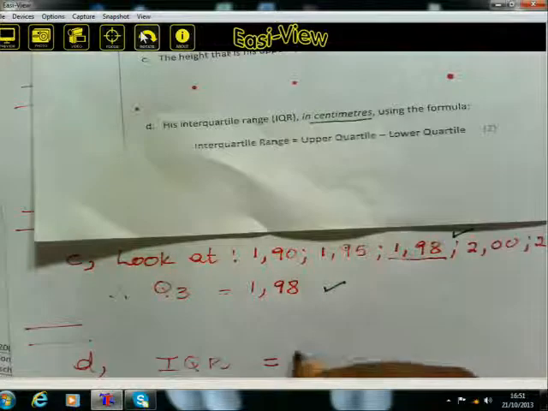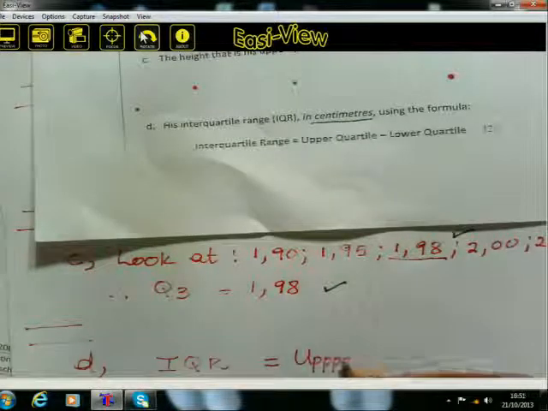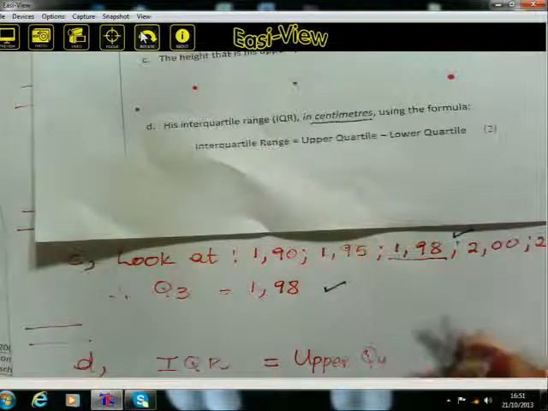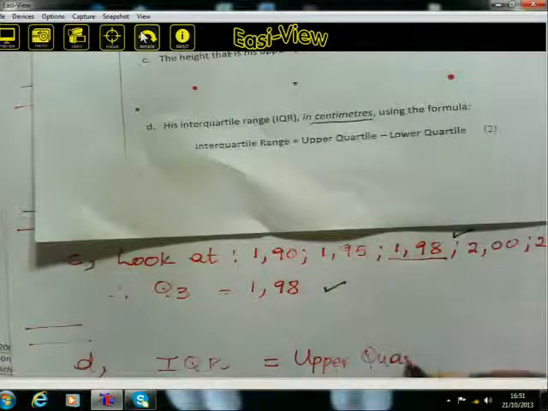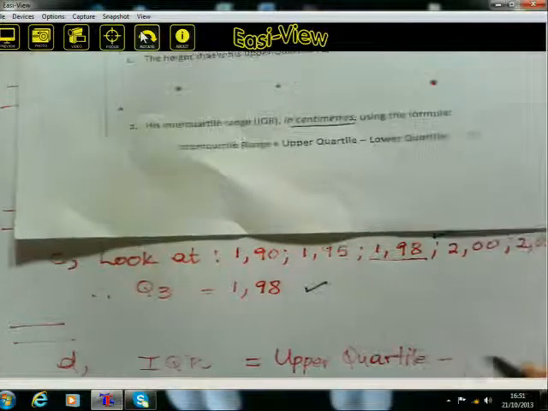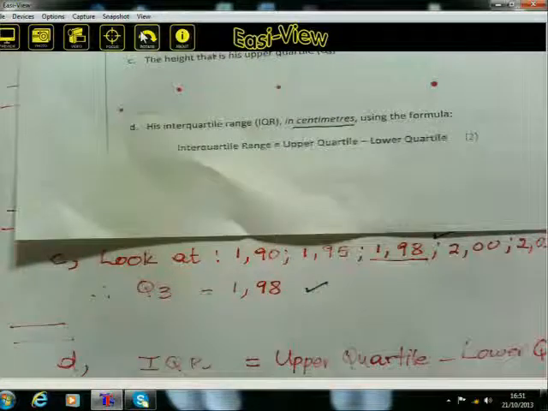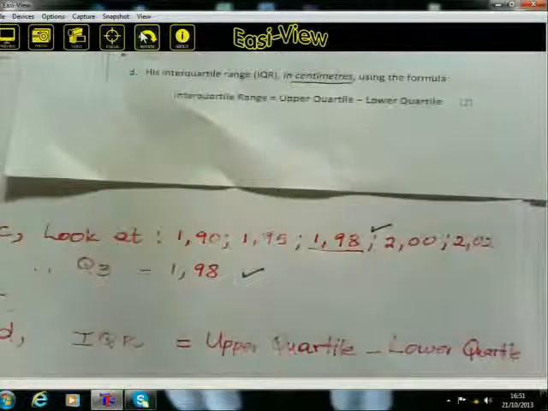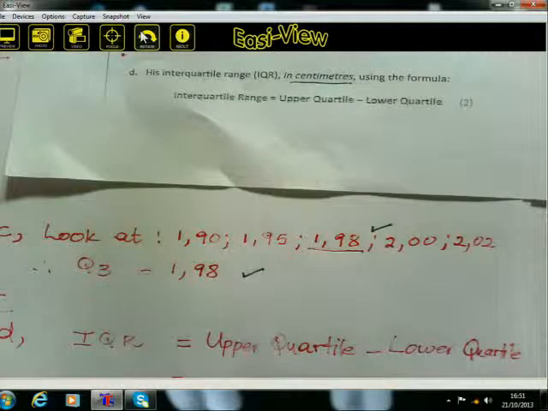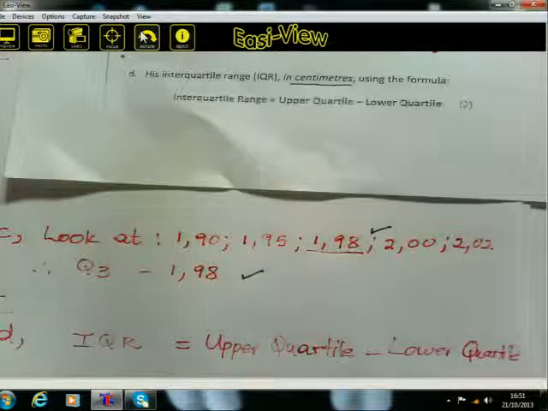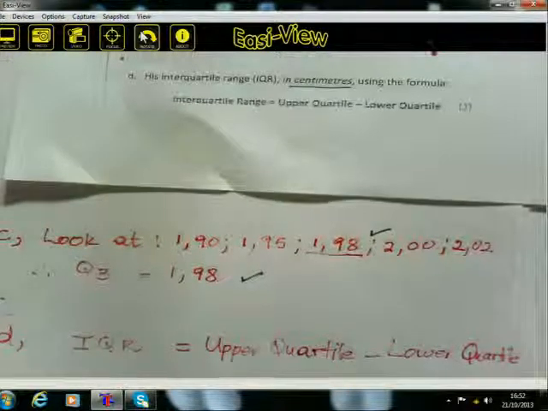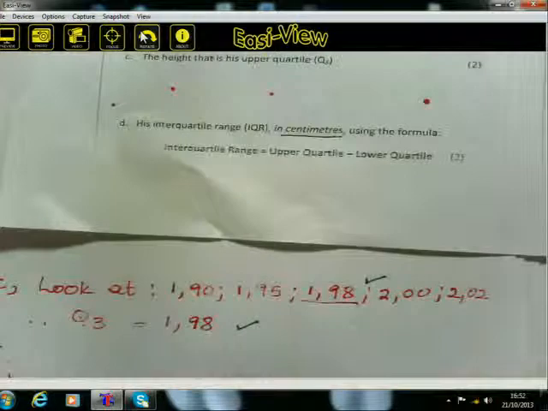Remember to write that given formula: upper quartile minus lower quartile. So let us check back. You had determined quartile 3 and quartile 1. Quartile 3 is your upper quartile. Quartile 1 is your lower quartile.